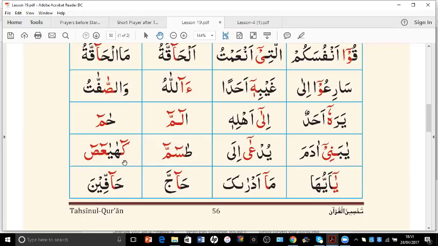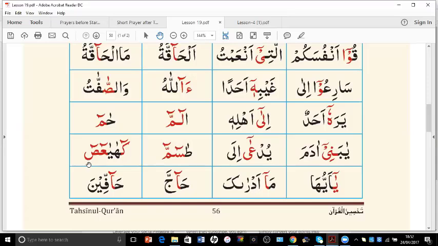Walaikum salam. Okay, so here we have what we call disjointed letters. We read them just as they are in their ordinary form, but we pay attention to the fact that they stretch for 4 seconds if this sign is on top. So, follow me. Kaf, ha, ya, ain, sod.